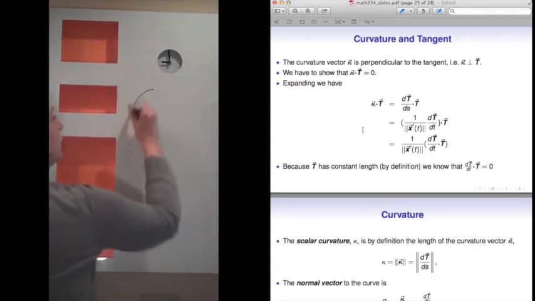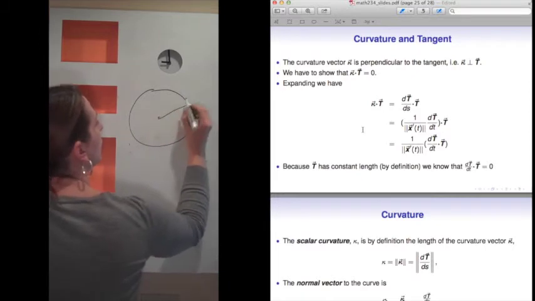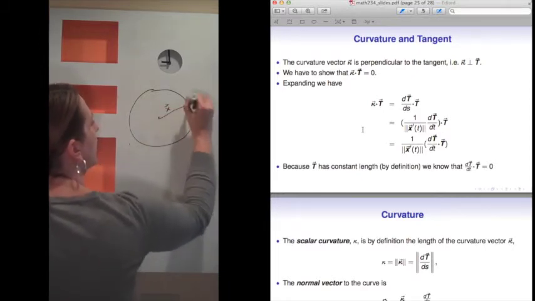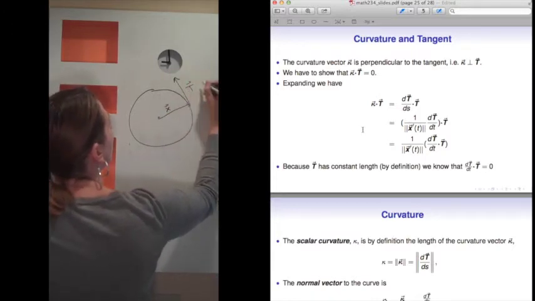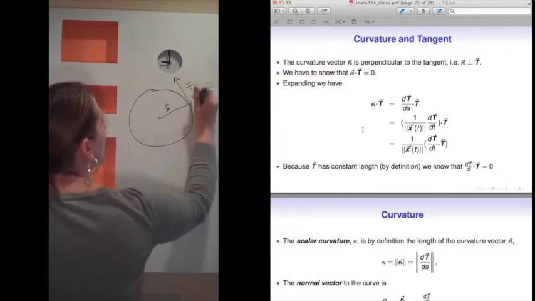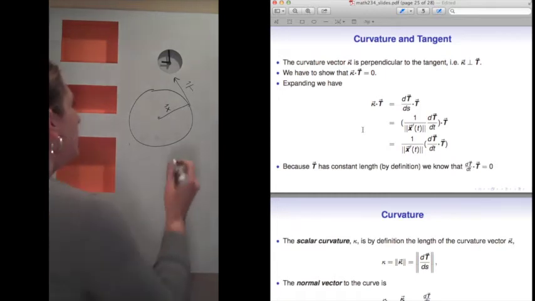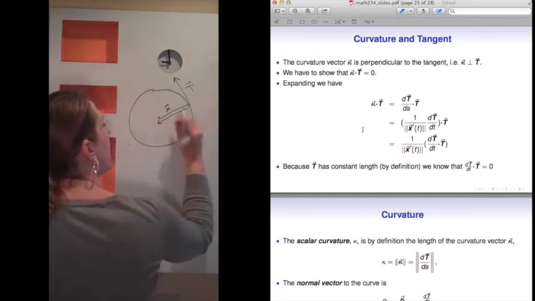So I just showed you this simple case with the circle where I have my vector x, my velocity and tangent. So my tangent vector goes in the same direction as velocity. And I showed you that my curvature vector pointed back in this direction.